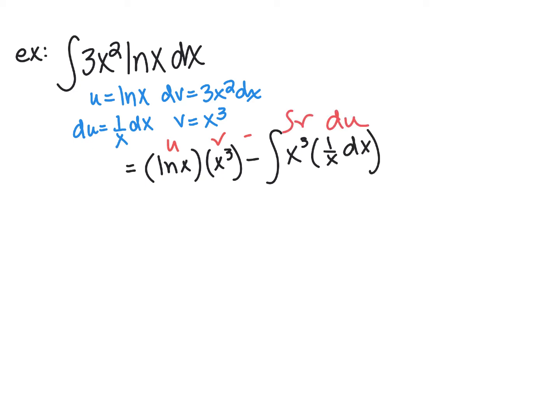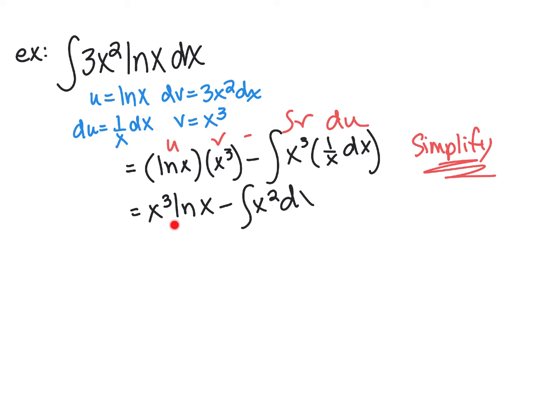You've got to simplify this before you do anything else. We have an x cubed on top and an x on the bottom. This becomes plain old x squared. Notice that you integrated x squared up here. So this gets copied, just make it pretty. You're integrating plain old x squared dx.